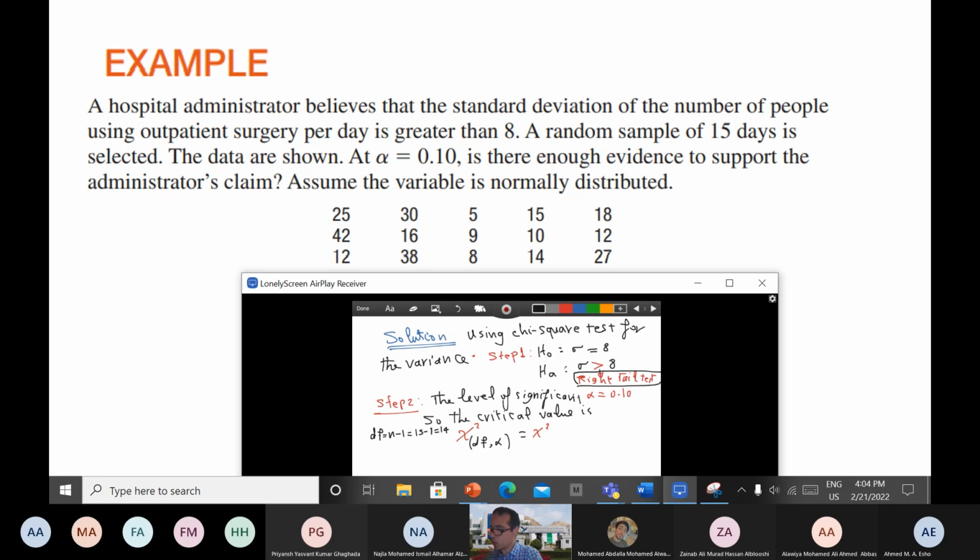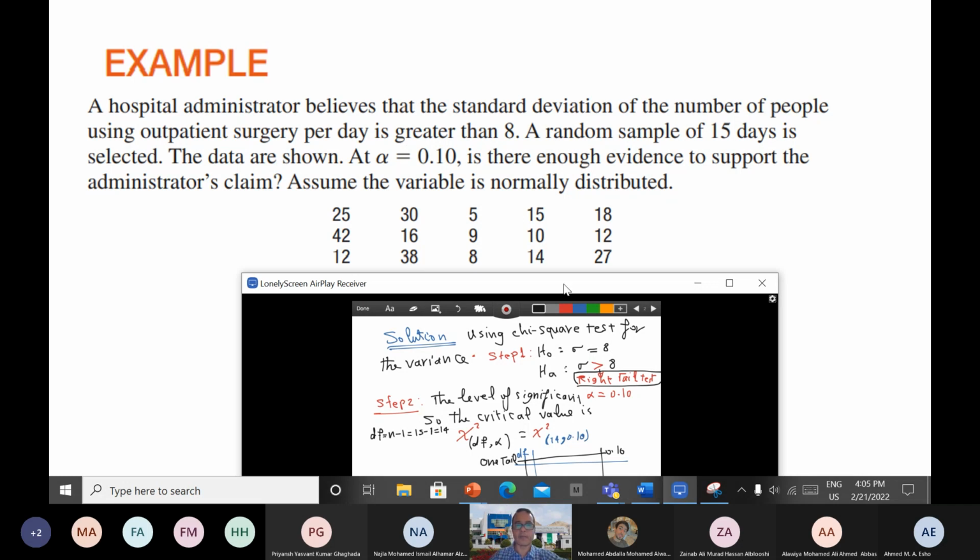Good. So in the table, you go for chi-square for degree of freedom 14 and alpha 0.10. Okay. We know how to use the table for chi-square. So you go for degree of freedom, go for 14 and go here until you reach 0.10 for one tail. This is how to use it.